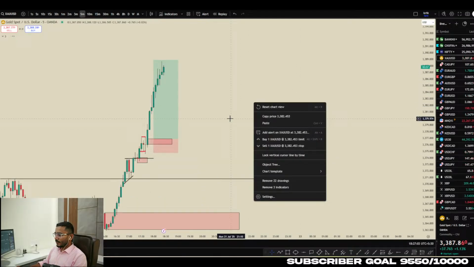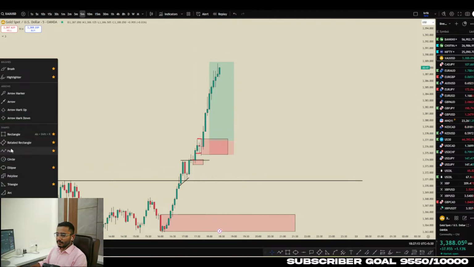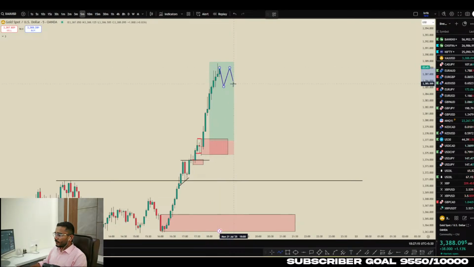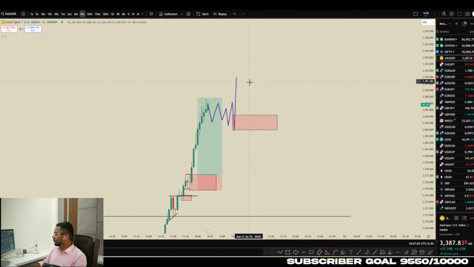So in gold right now, what we have to understand is this whole candle swept out these lows and it created this imbalance. If price creates liquidity here and it sweeps this liquidity, we'll move our point of interest from here to the new structure.